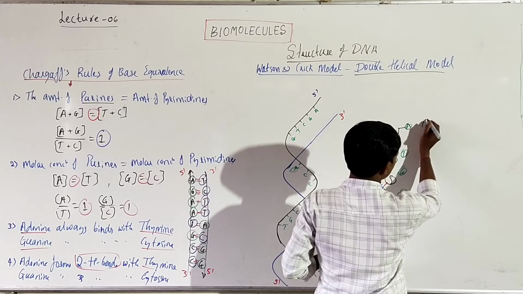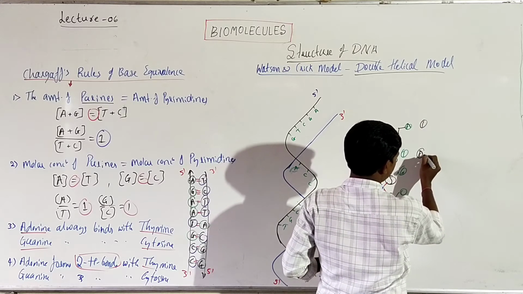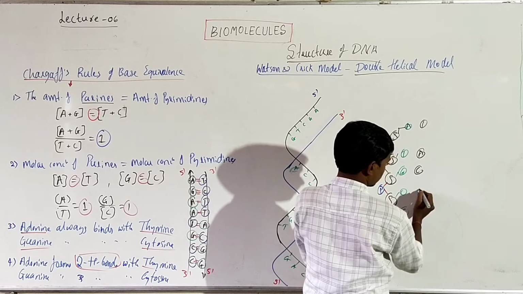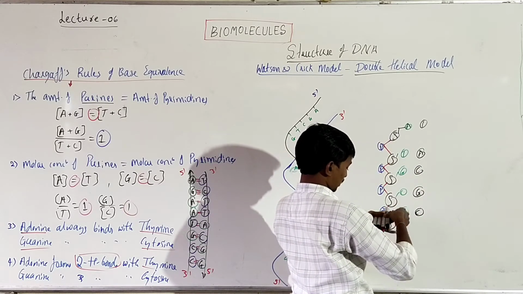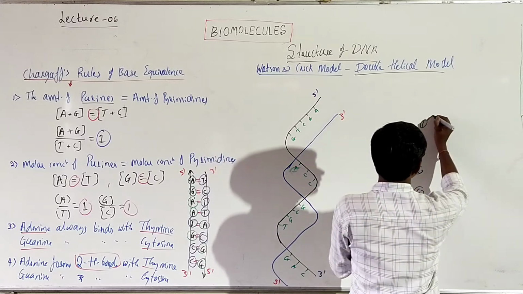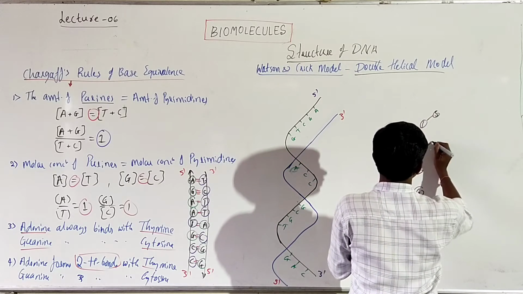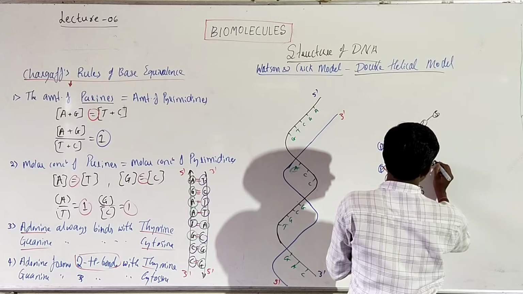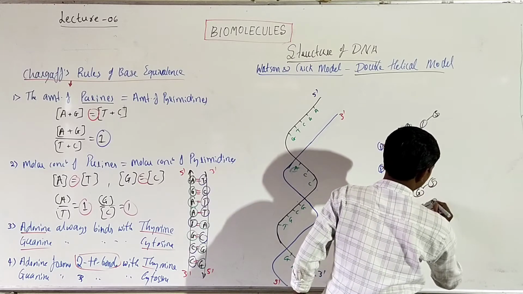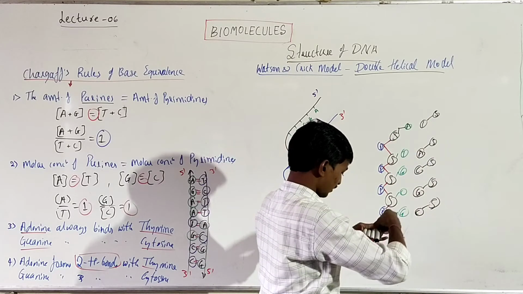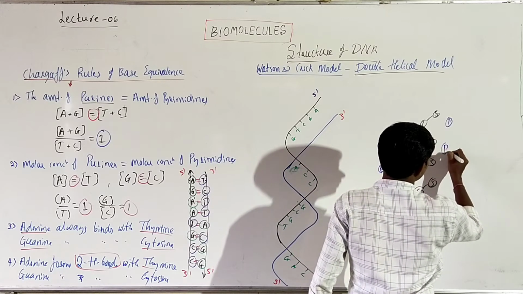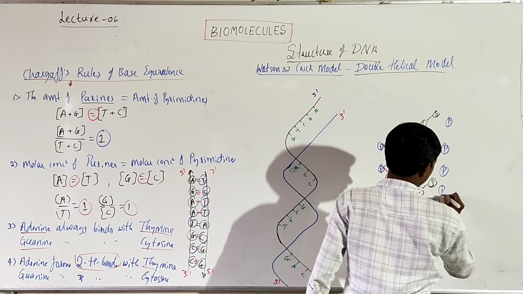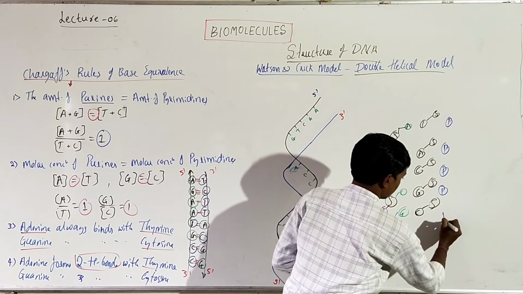Here adenine opposite thymine, adenine, guanine, cytosine, guanine, cytosine. So here sugar. Outer side it's a phosphate. So phosphate, like that. Phosphate.